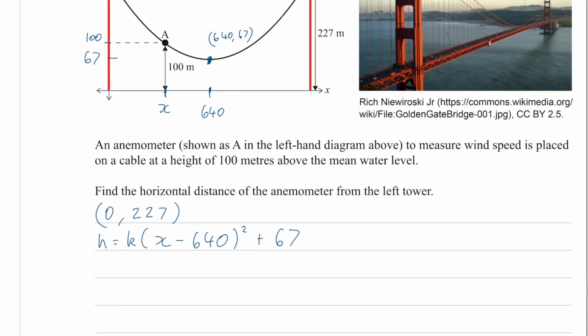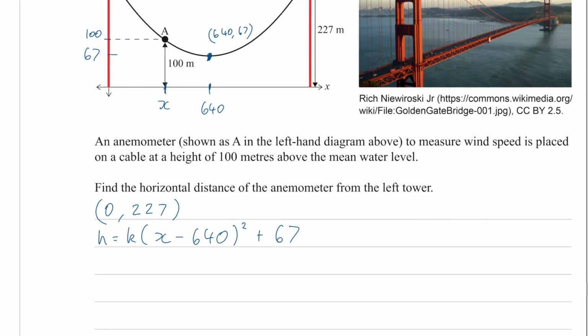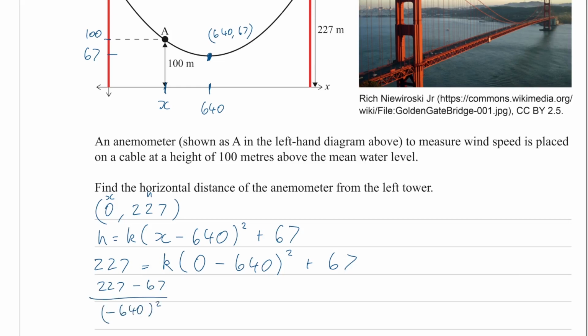So substituting in that point, h is 227, k is what we're looking for, x is 0, minus 640, squared, plus 67. And if you solve for k, what do we get? 227 minus 67 divided by minus 640 squared equals k.